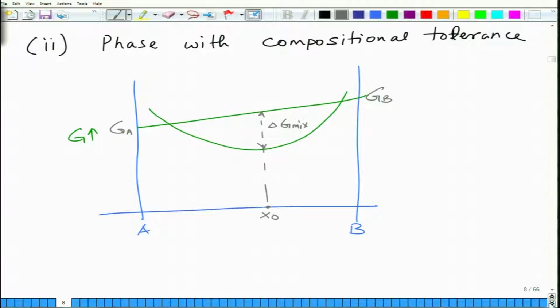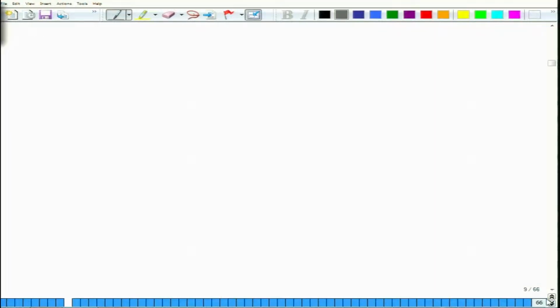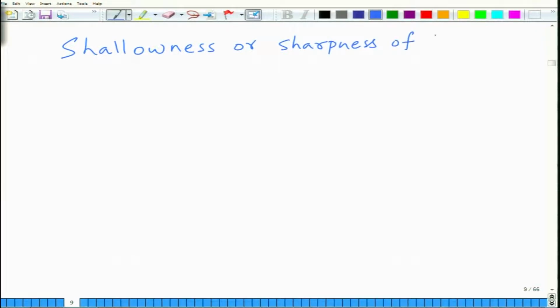So generally, what makes this shallowness or, let us say, sharpness of the G curve, what does it depend upon?